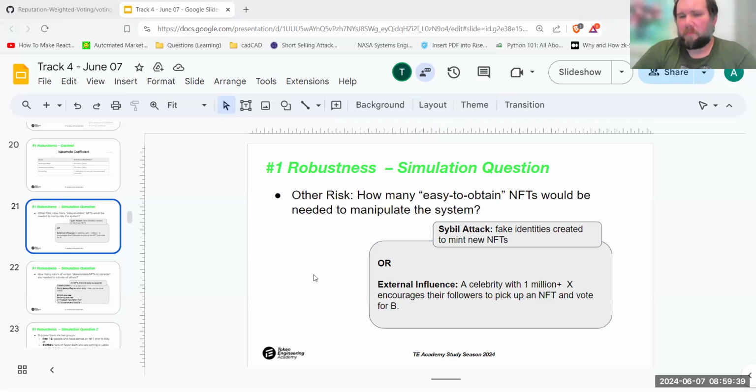And you have a major celebrity influencer, and out of nowhere, they suddenly decide that they like one of the candidates and they tweet about it, and their followers are flooding TE Academy trying to get NFTs. You can argue philosophically about whether or not these are morally equivalent, but from a practical perspective, both of these are situations we want to protect against, where the signal should not be injected into the system in this way.